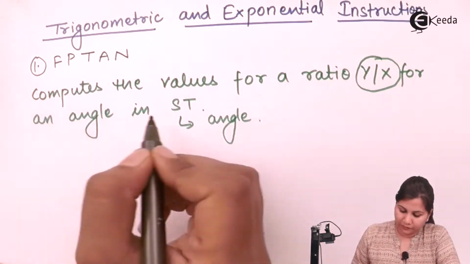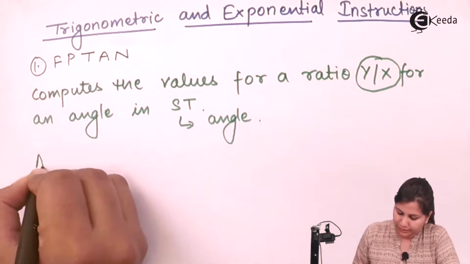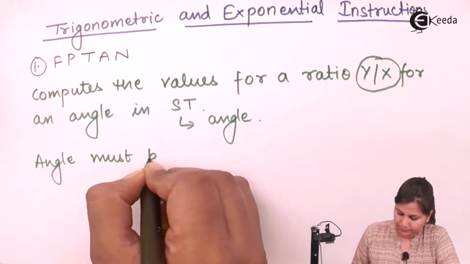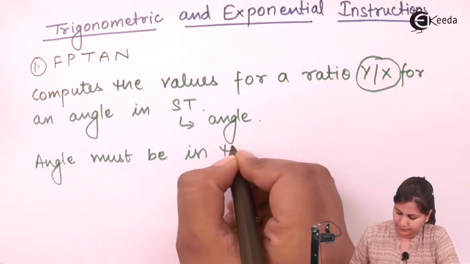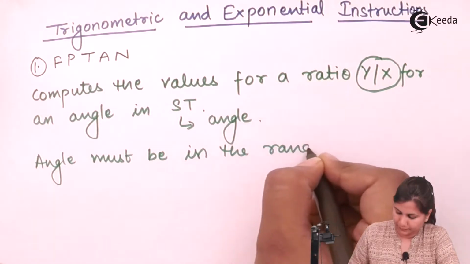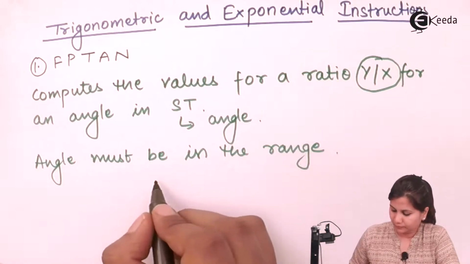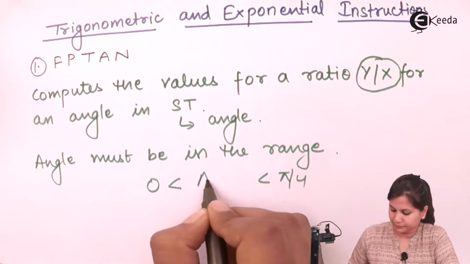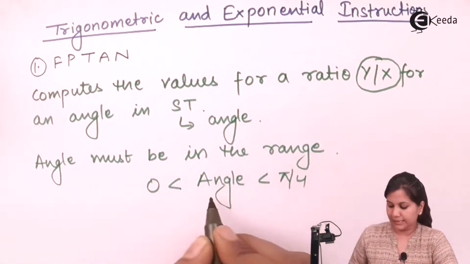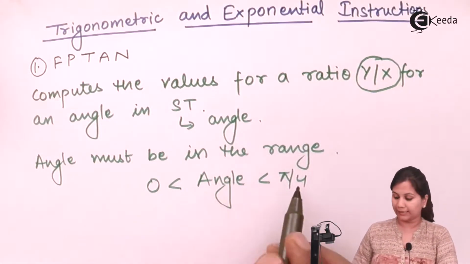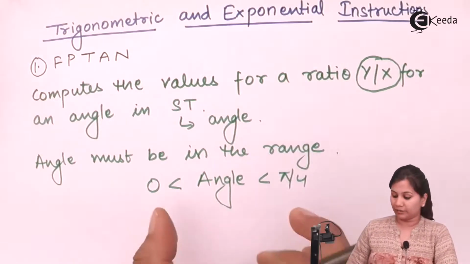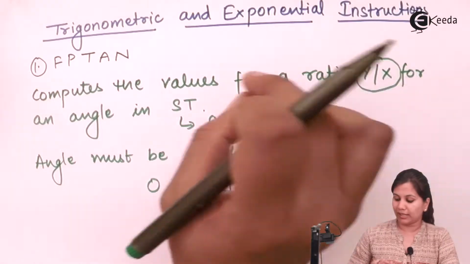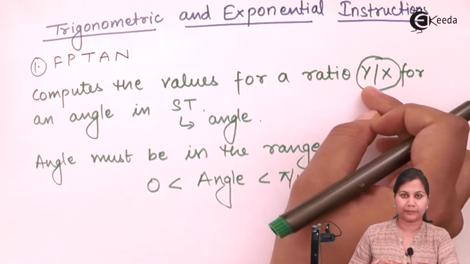The value of this angle must be in the range (0, pi by 4), which means the angle should be greater than 0 and less than pi by 4. The angle values between this range are used here and the ratio is calculated.